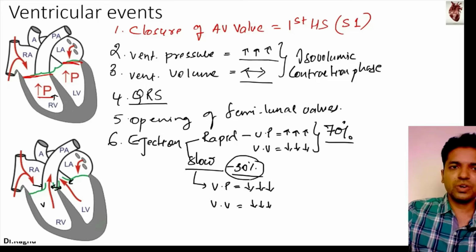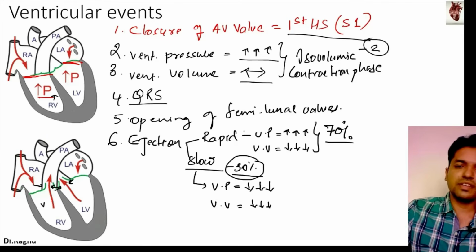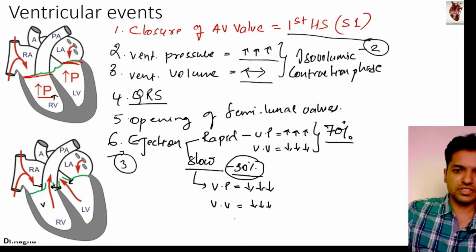Fine. So in the ventricular systole, three very important events are occurring. One is the first heart sound, which occurs because of the closure of the atrioventricular valves. Second is the isovolumetric contraction phase. Third is the ejection phase.